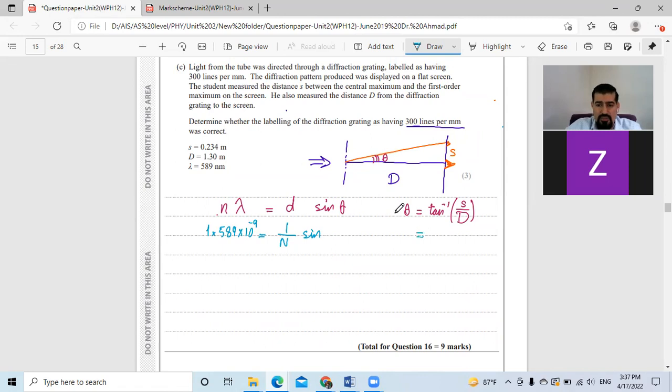So by finding this first step, and this is the second step, tan theta equals the opposite, which is S, 0.2234, over D, which is 1.3. We'll find how much this angle is. And we substitute this angle here, the value of the angle theta, I'll substitute it here.